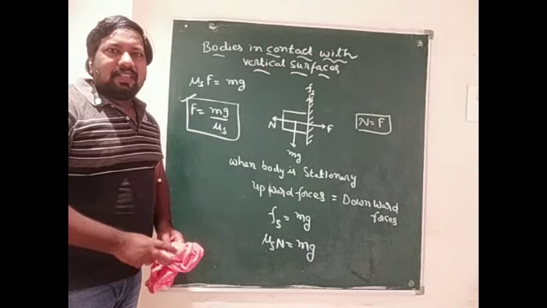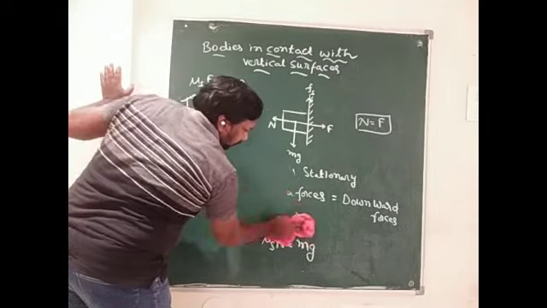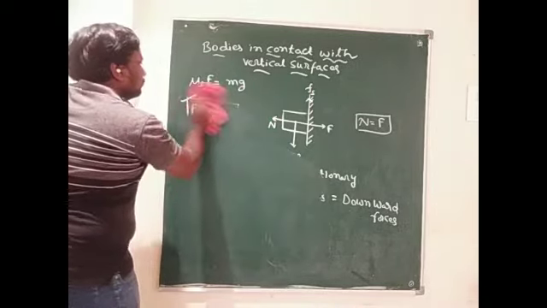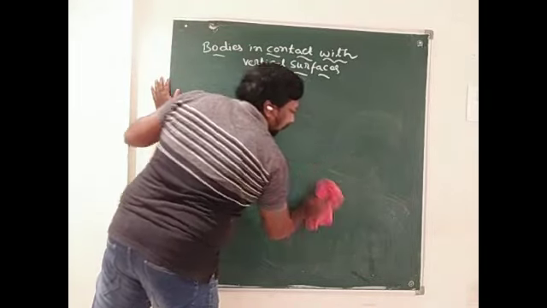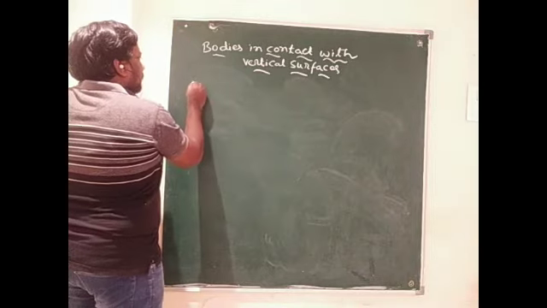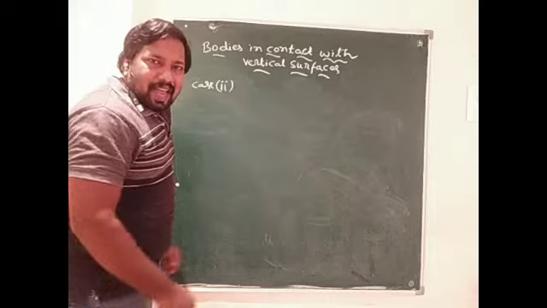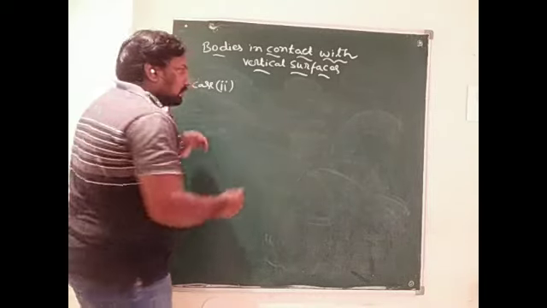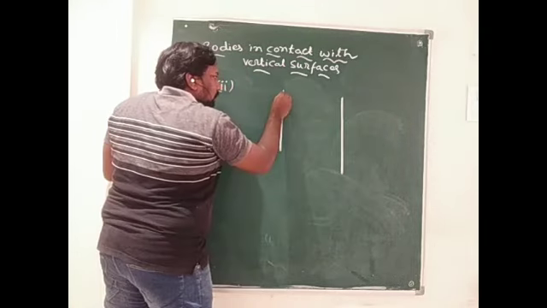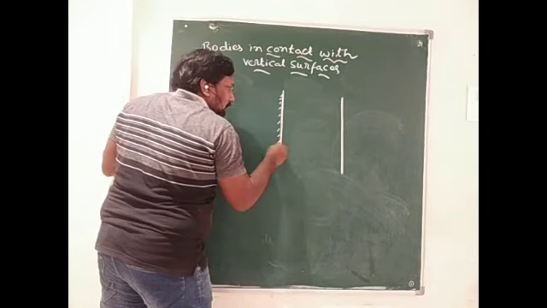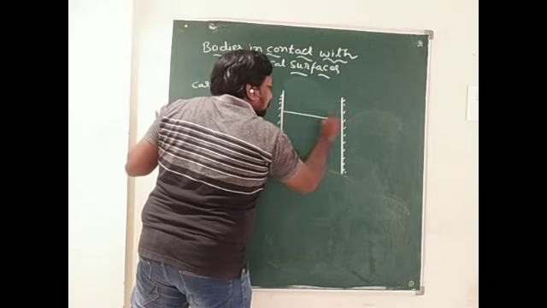Now we discuss second case. So here in case 2, a book is held in between the two hands. This diagram is in this way. So this is the two hands and a book is held in between two hands. This is the book.